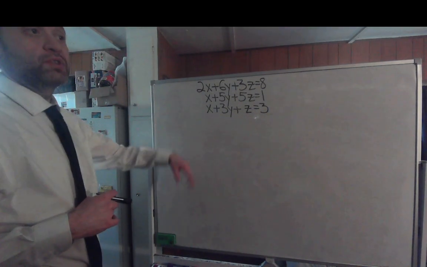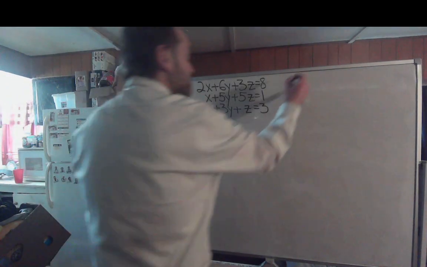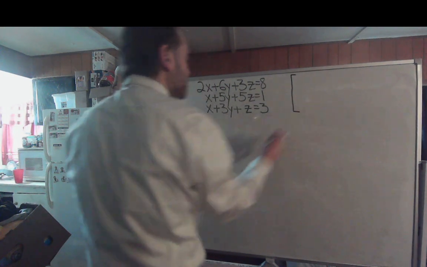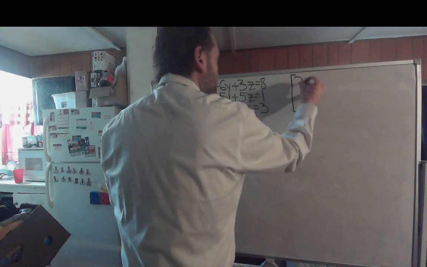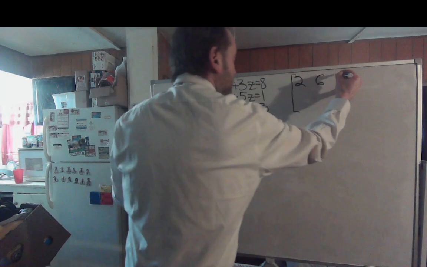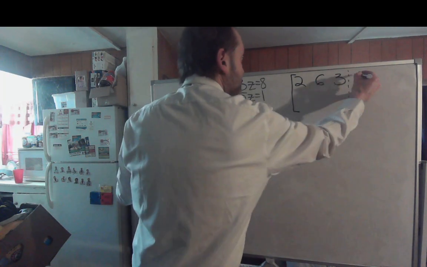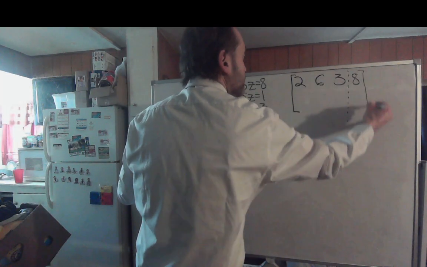Go ahead and convert this into a 3 by 3 matrix since you have 3 equations. So first row, you'll take that 2 on the x, that 6 on the y, that 3 on the z, form your augmented line. You'll put that 8 to the right of the line of augmentation.